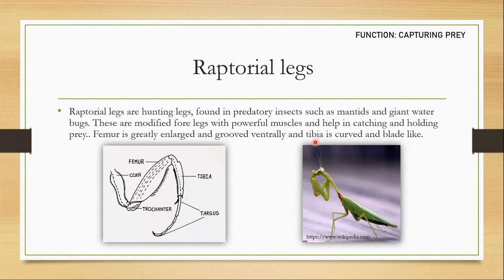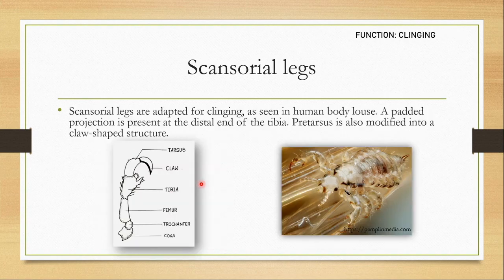They have very powerful muscles, and here the femur is greatly enlarged and grooved ventrally, and the tibia is curved and blade-like. So together this femur and tibia help in grasping the prey as well as holding the prey while the mouth parts are at their work.